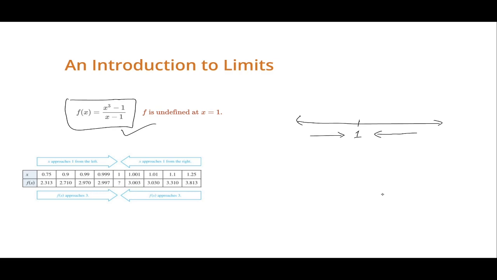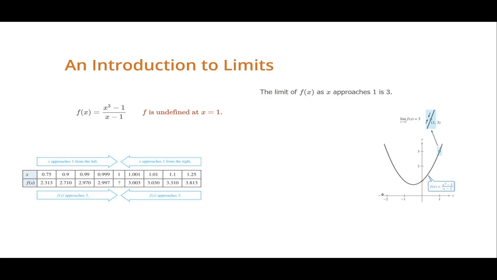As you notice, when x is approaching 1 from the left or right, the value of the function is approaching 3. You see that? That's called the limit of the function.